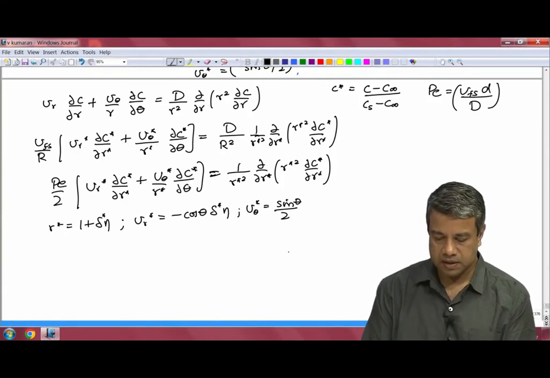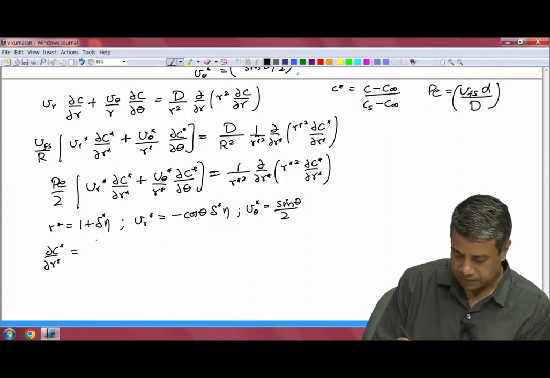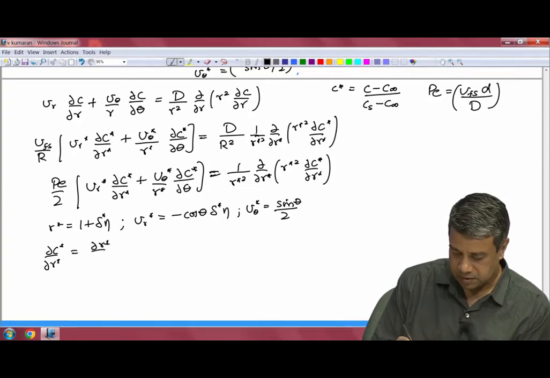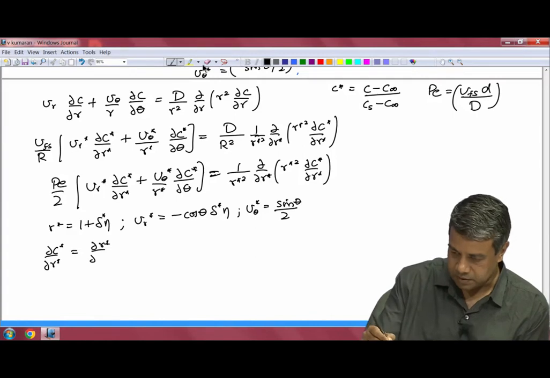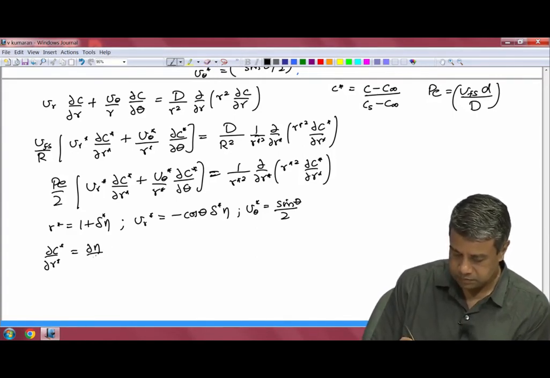So, I can substitute these here. Partial c by partial r star is equal to one by delta star, dc by d eta.